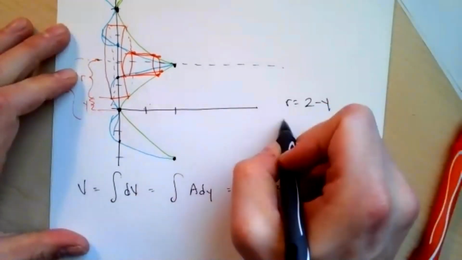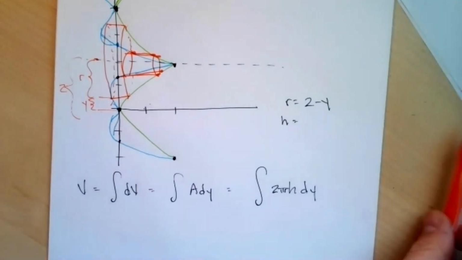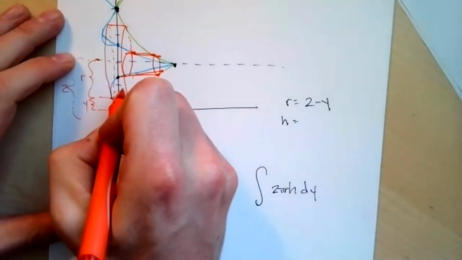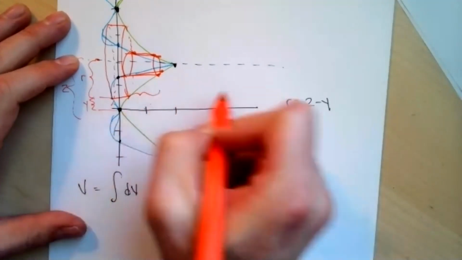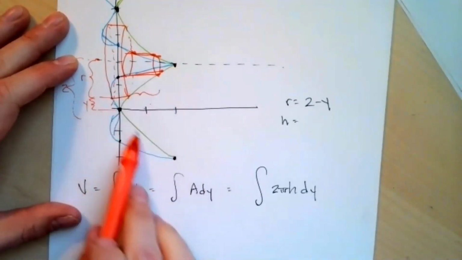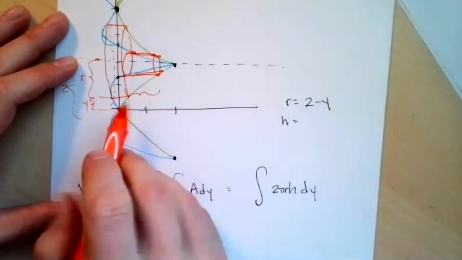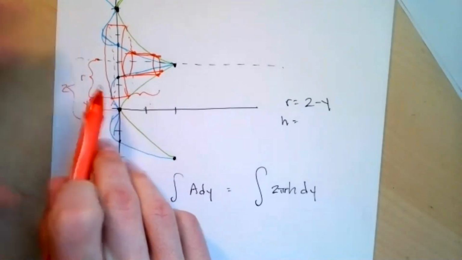What about our h? Is it just the one function subtracted from the other? Yeah. In this case, nicely enough, it's always going to be the right curve minus the left curve. And the green function, our parabola, is always on the right. So it's always right minus left.